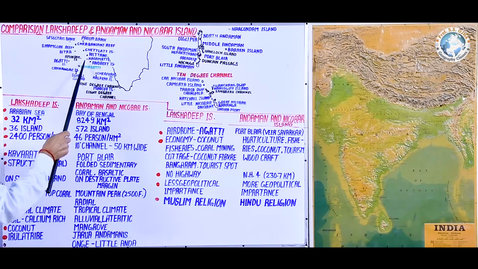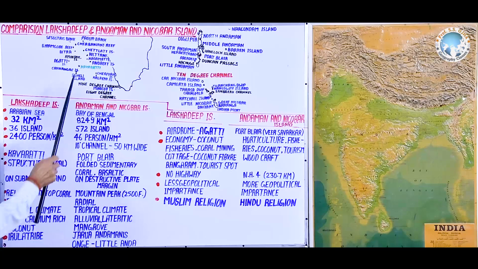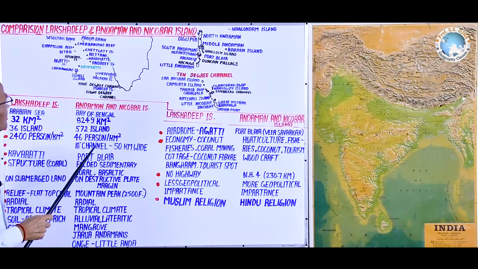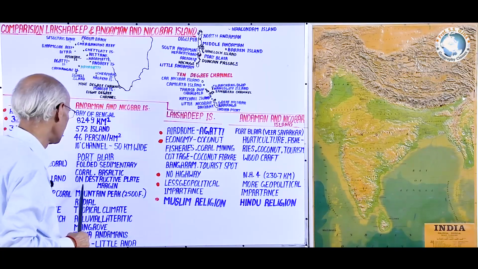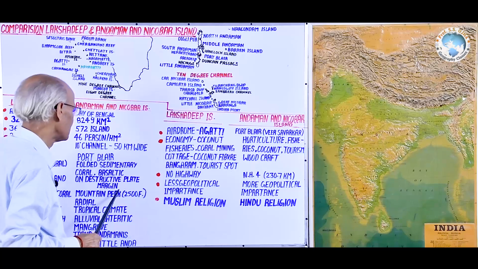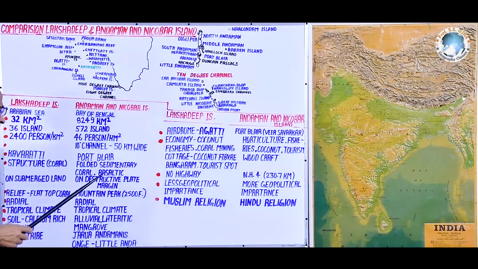Due to it, here is shallow water, and that's why submergence is the main cause of its formation. Contrary to it, the group of Andaman and Nicobar islands is on a destructive plate margin, as we have discussed, because here there are folded and volcanic structures.